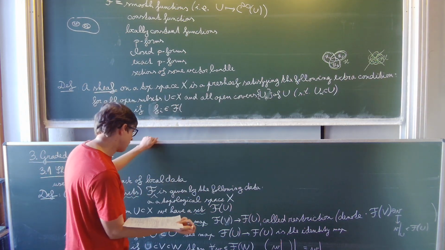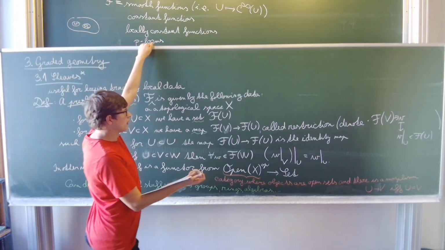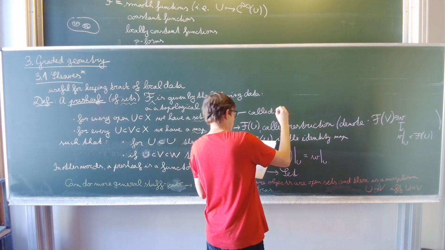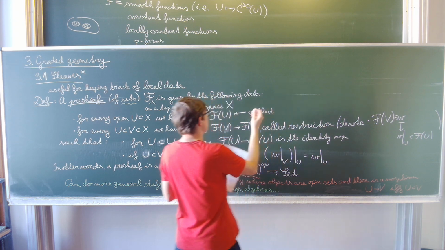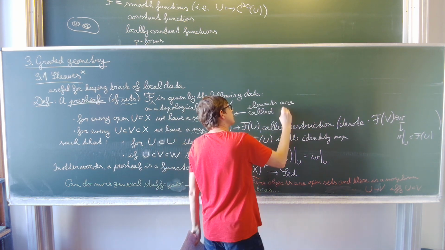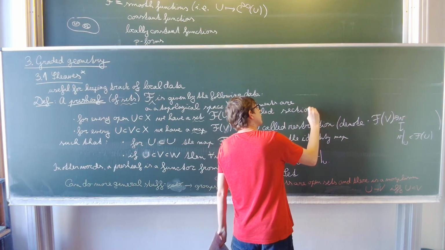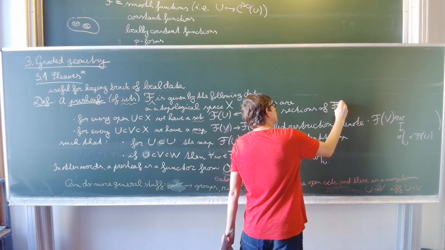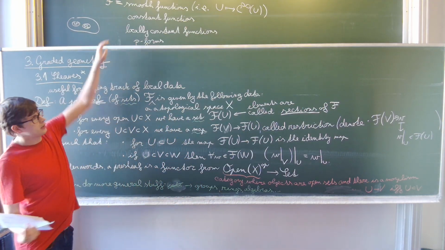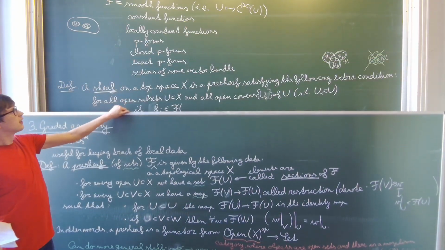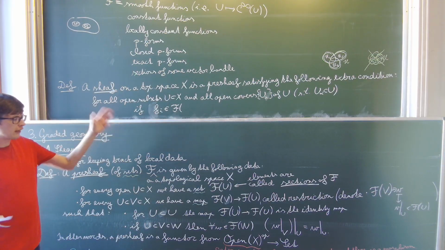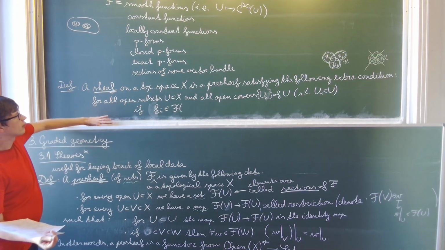So this set F of U, the elements of this are called sections of the sheaf. That's why, for instance, sections of a vector bundle were a sheaf. I mean, that kind of shows you the nomenclature.